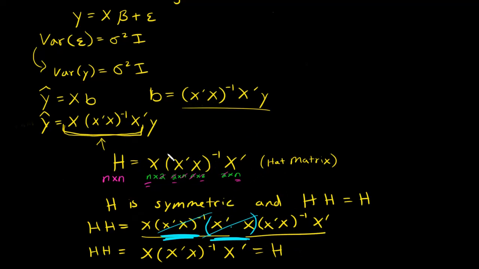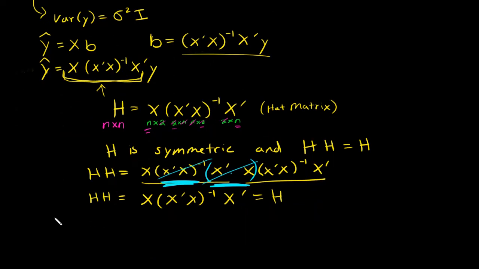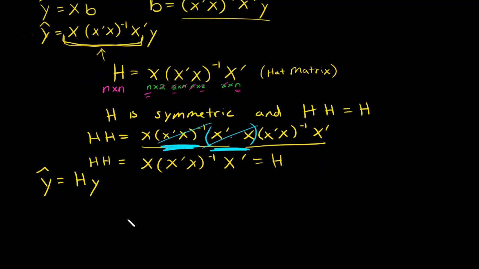We're going to use this as we derive the variance of the residuals. Having this set up, we have y hat equals H times y, and that's going to make our life a lot easier. So our residuals equal y minus y hat, which is exactly the same as y minus Hy, because y hat is just Hy.